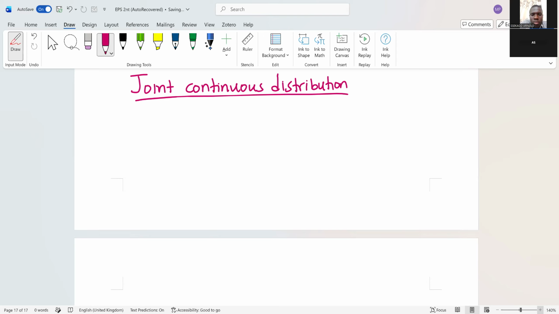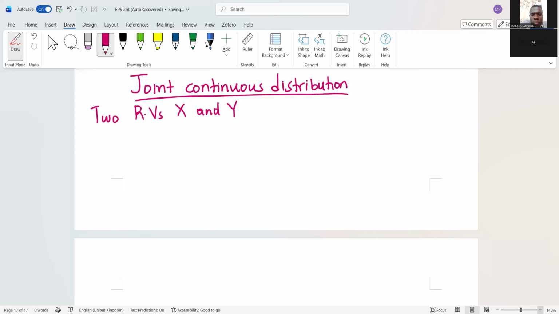So we say that, to allow me use RV as we saw from the previous module, RV is an acronym for random variables. Two RVs, X and Y.